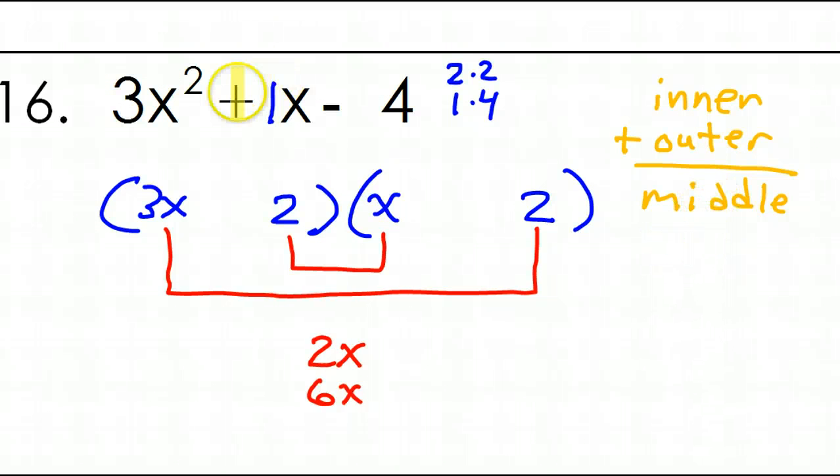When I'm talking about the middle, I'm talking about this, including the sign. I need a positive 1x. Now, is there any way that I can get a positive 1 out of 2 and 6 if I pick the signs right? No. The smallest I can make is 4. So that means this is not working. So the 2 times 2 option is a fail.